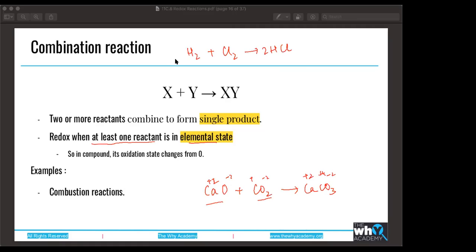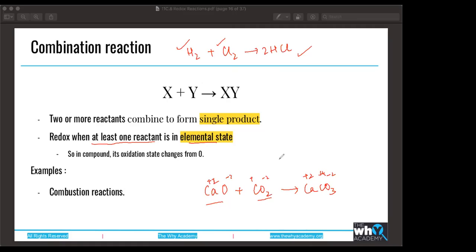But when you have at least one reactant in the elemental state, in this case both reactants are in the elemental state, so this is a redox reaction. Because when they're combining to form a compound, its oxidation state is obviously going to change. It is definitely not going to remain at 0. Elemental, it is 0.